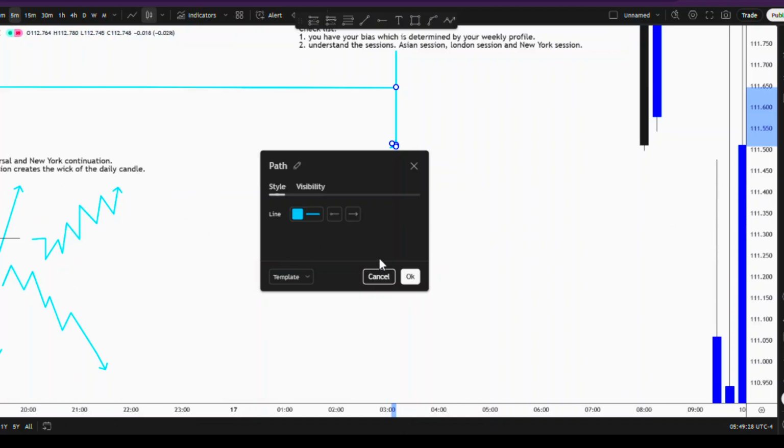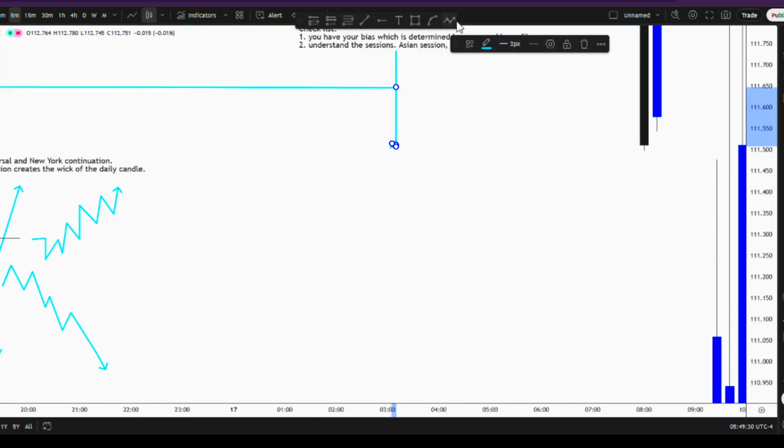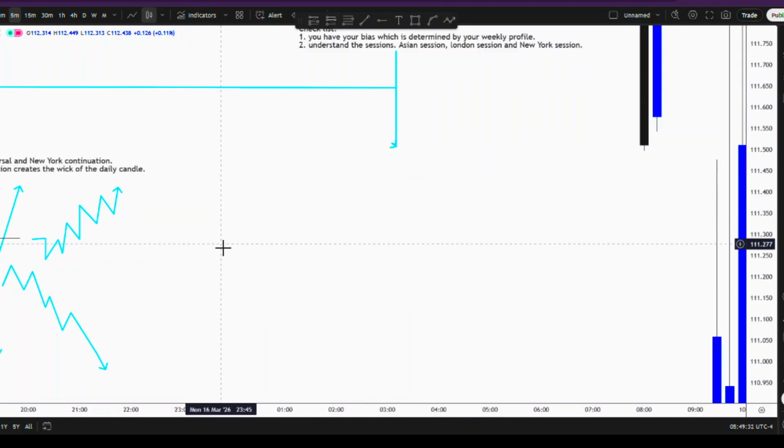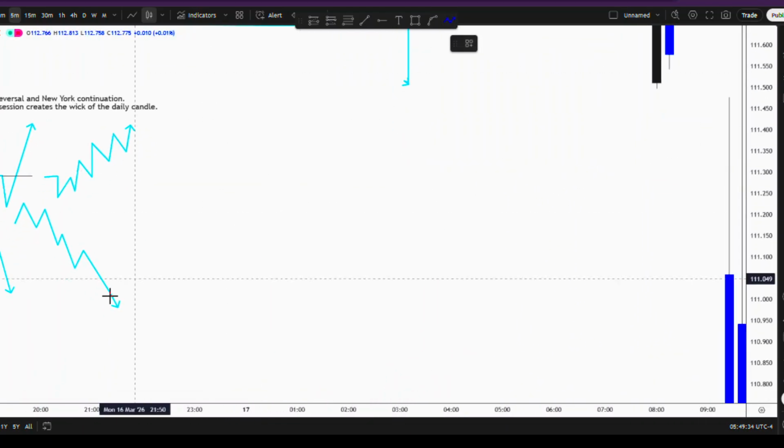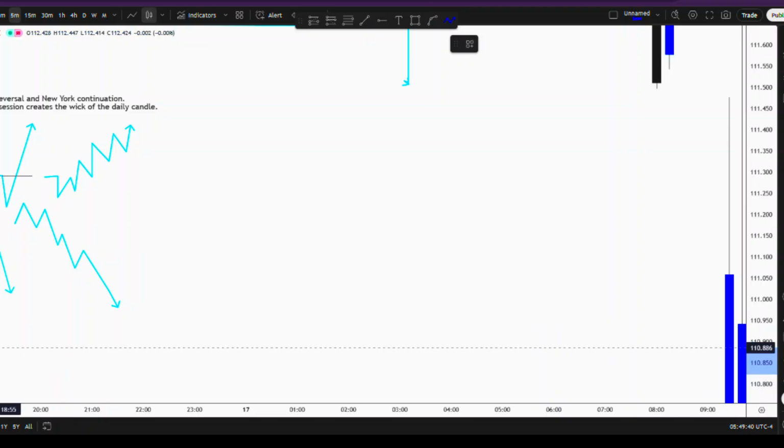So we'll realize we'll have something like this at times. We can have something like this, Asian session accumulating. So we have open, Asian accumulates, and then London, if it's a bearish reversal, London will manipulate the high of Asia.